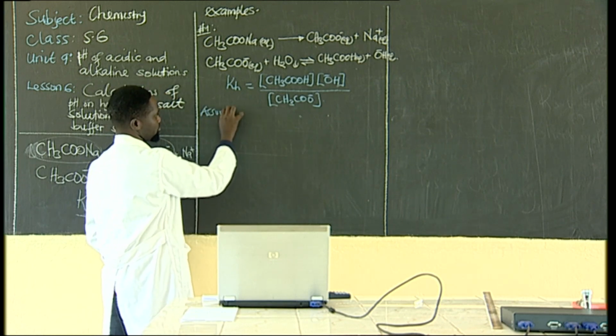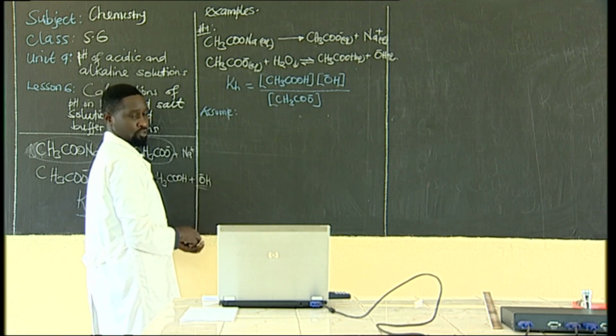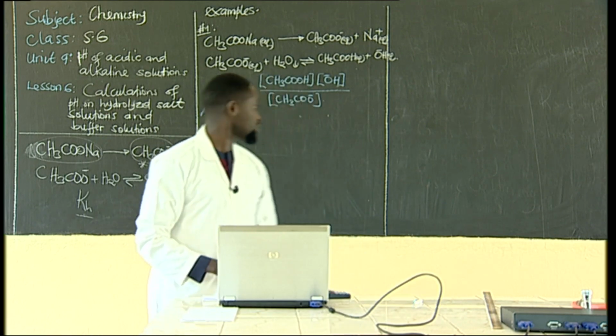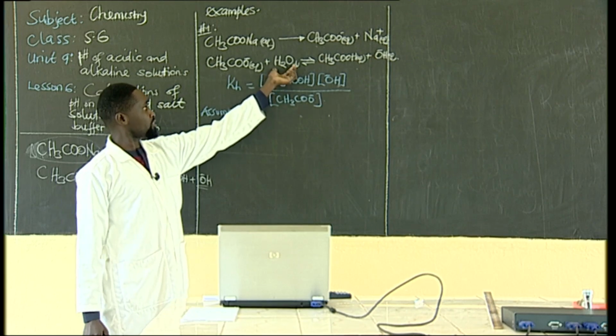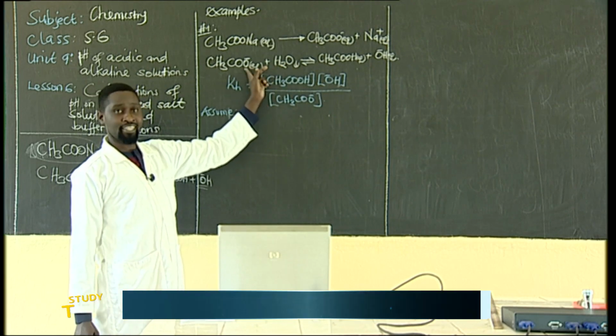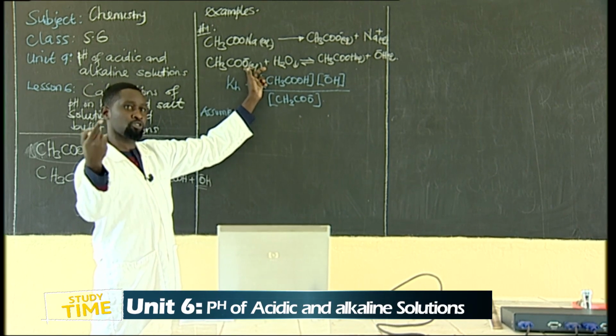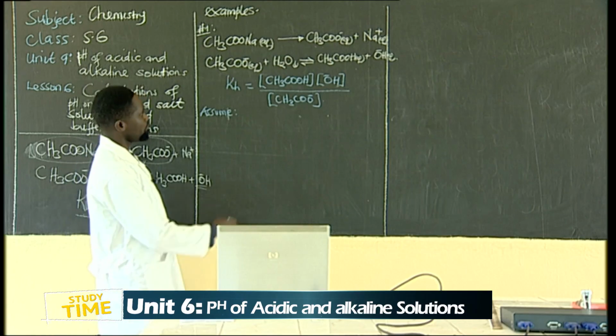Assumptions. What do I assume in this case? You notice my KH is lacking water, and yet water is one of the reactants. We still apply the principles of chemical equilibrium.